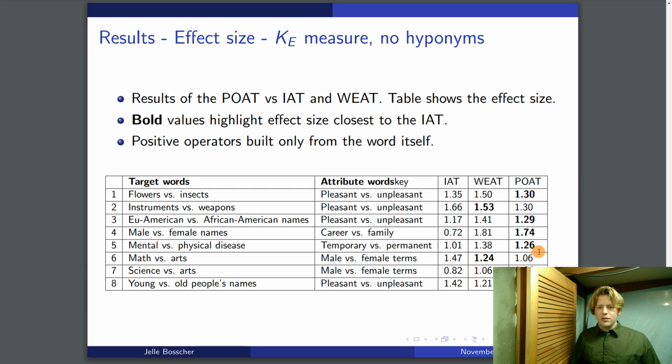We again compare to the results of the IIT and the WEAT, and the bold values again highlight the closest values to the IIT in effect size, and here we can see that the POAT actually outperforms the WEAT compared to the IIT in terms of effect size. So in 6 out of 8 experiments, the POAT actually recognizes a bias which is closer to the IIT than the WEAT does. And it is also able to recognize the correct bias.